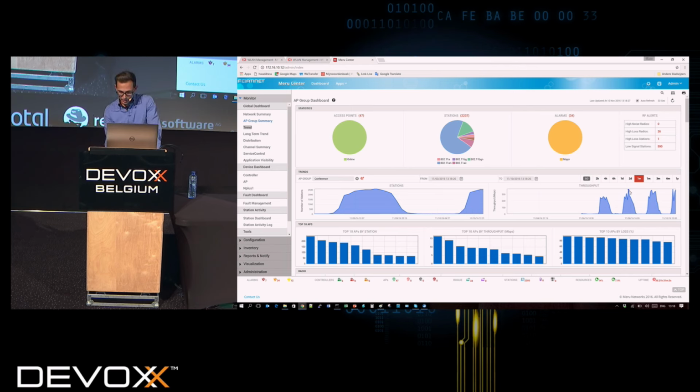As said, the bandwidth used is about 370, 376 megabits, so some room there. If we look at the division of the stations, this is obviously taken instantaneously now from the entire conference. We see that I would say about 60-65% of all clients are connected on 5 gigahertz, which is obviously what we want.